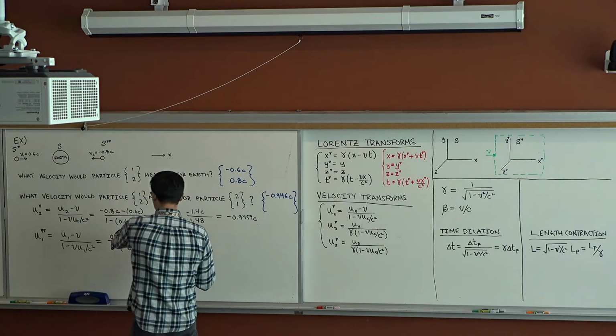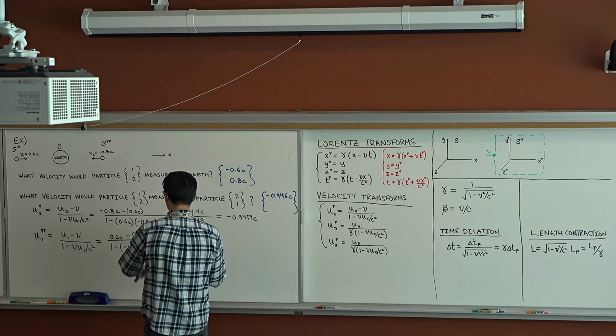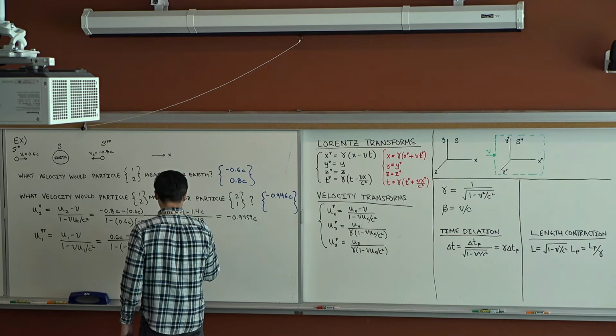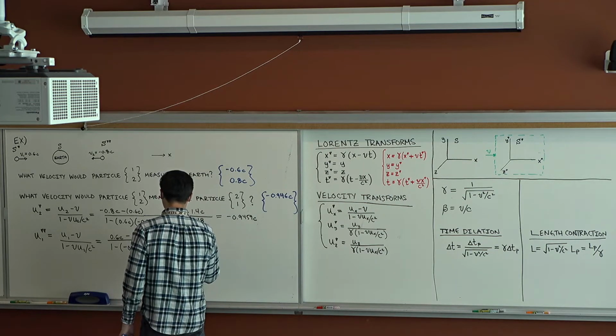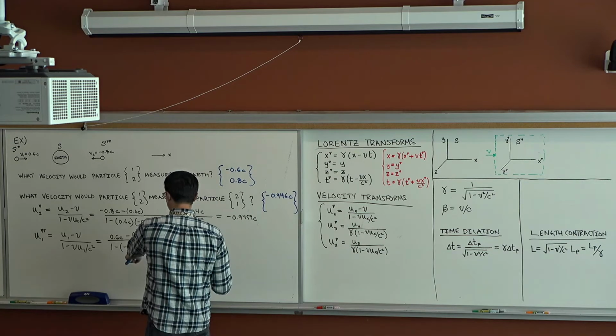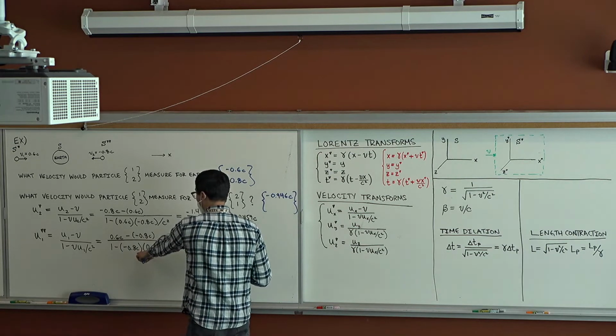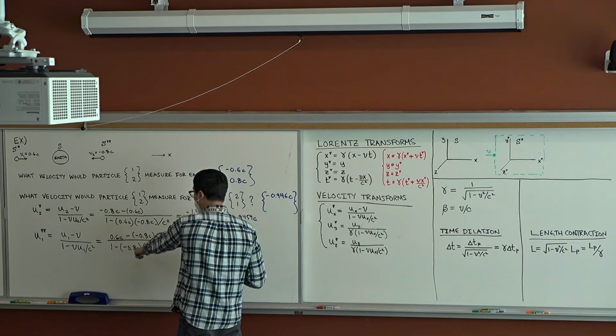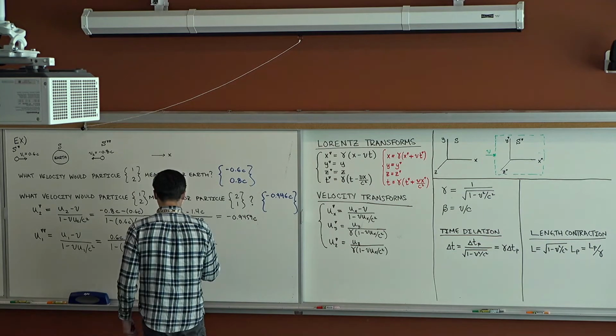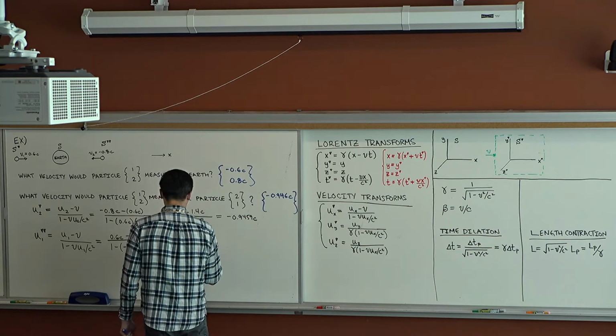And so now we get 0.6 minus negative 0.8 is plus 1.4 c over, well, we already did this, 0.8 times 0.6 is 0.48. So that's 1.48.